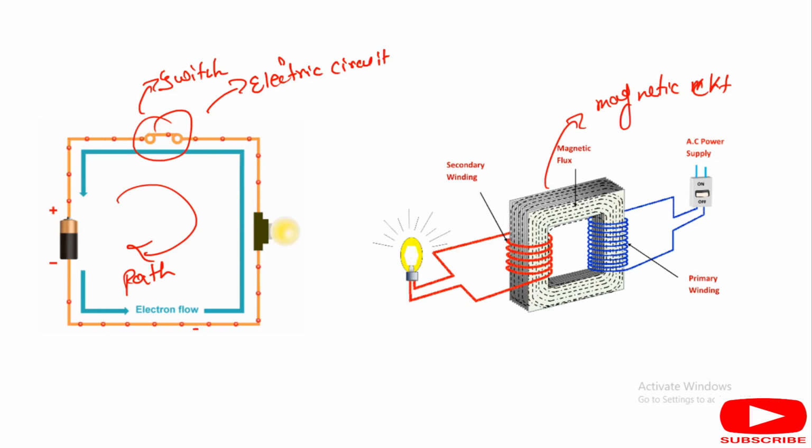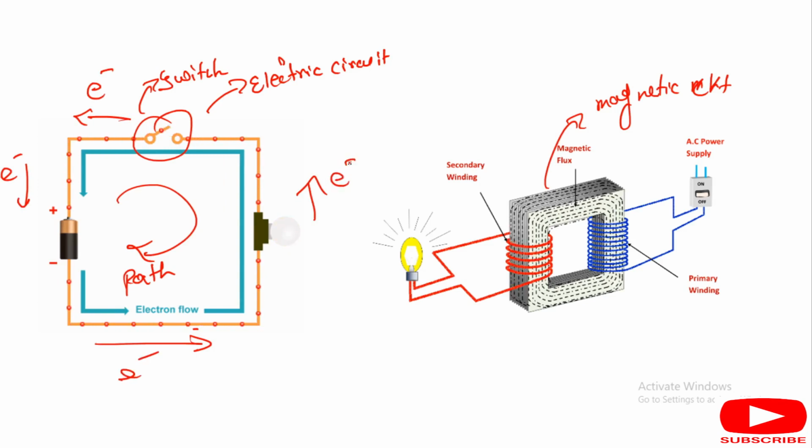A closed path is a path in which electrons flow from a voltage or current source. The point where these electrons enter an electric circuit is called the source of electrons.